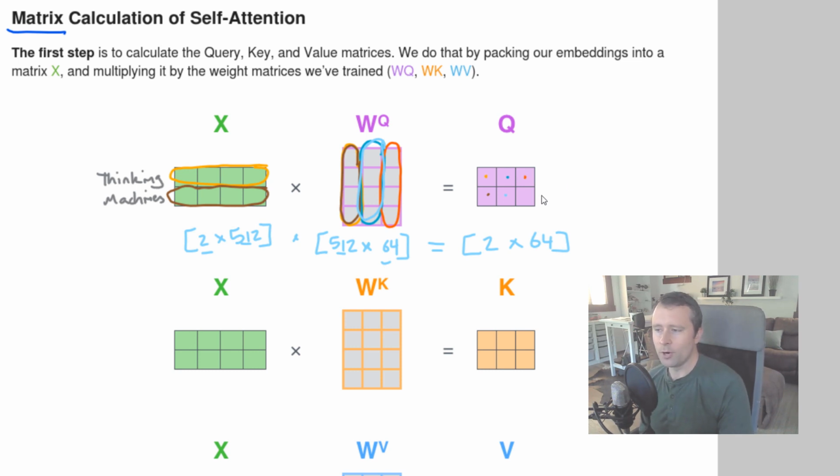So we do that for all three of these spaces, the query space, the key space, and the value space. And we're just doing it for all of the input word embeddings all at once. The reason is that GPUs and CPUs as well are much more efficient when doing matrix multiplication as opposed to a vector matrix multiplication.